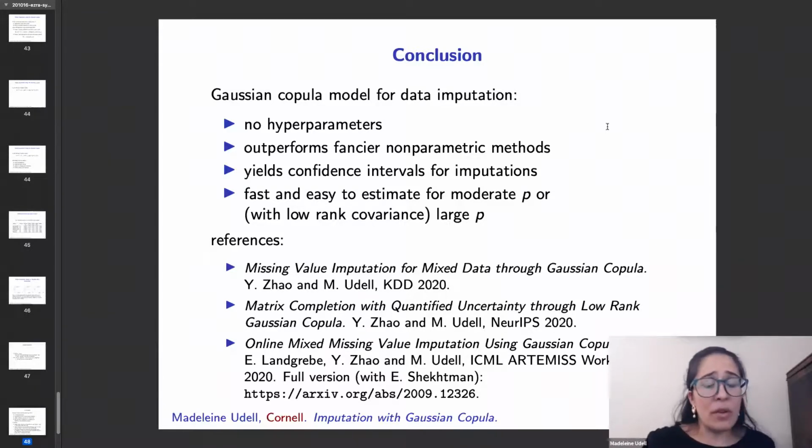The other reason we started with the Gaussian copula is that so many of the models for missing value imputation are already based on Gaussians without any marginal transformation afterwards. So by basing your method on the Gaussian copula, you can ensure that you improve on that state of the art. For example, probabilistic PCA is widely used, which is a low rank Gaussian without the copula.